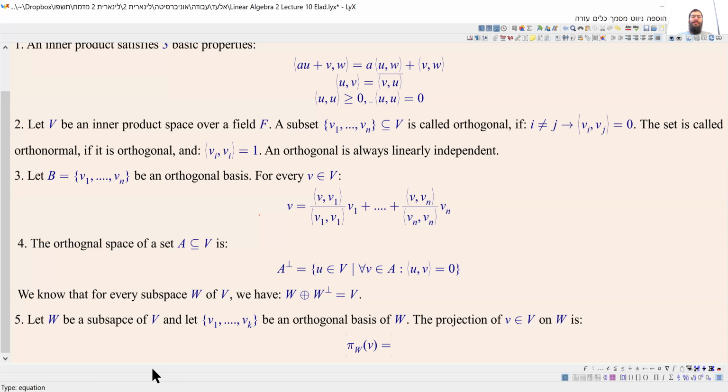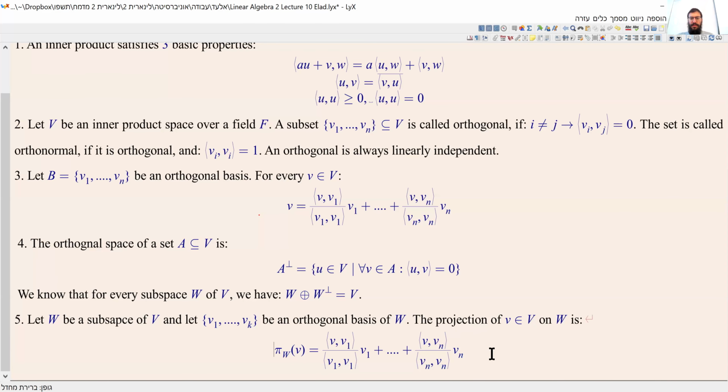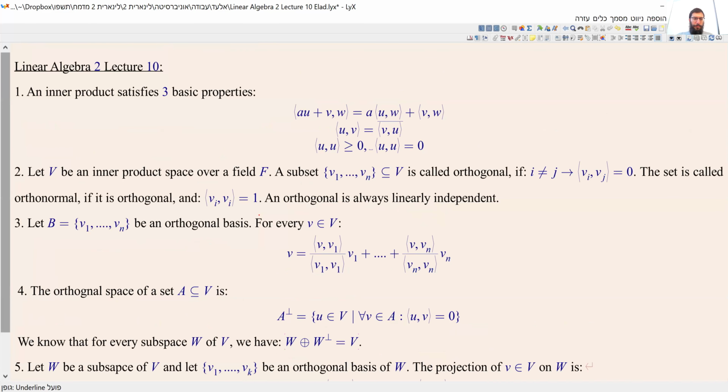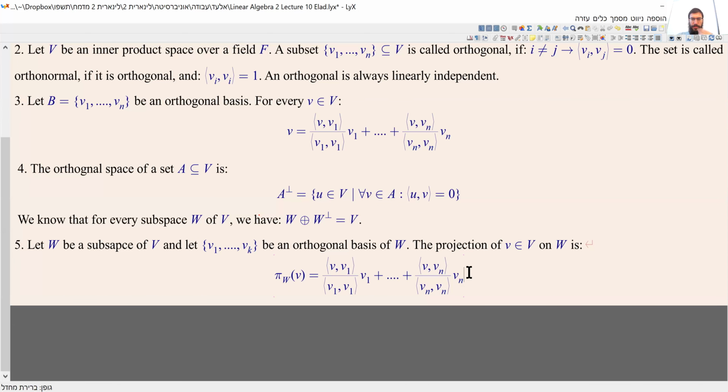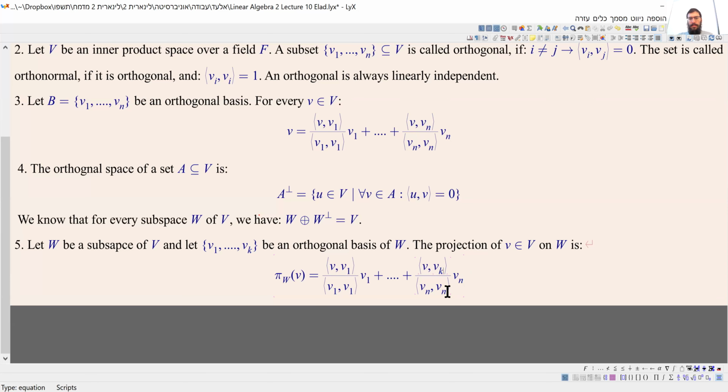Pi of W of V is the linear combination of V, but when we take only the vectors of W. We finish here with the index K according to my notation and not with the index N.